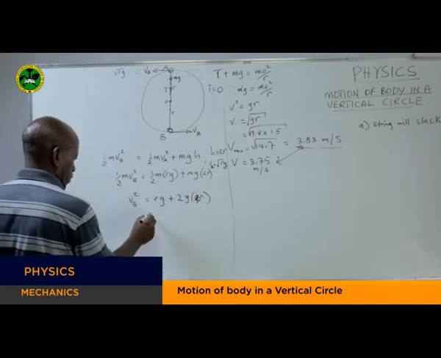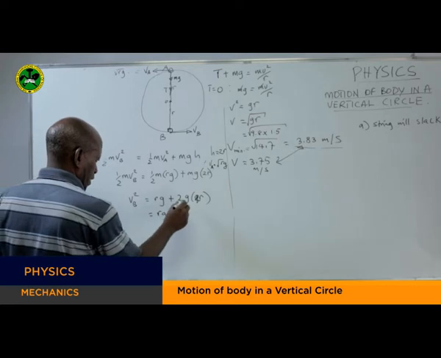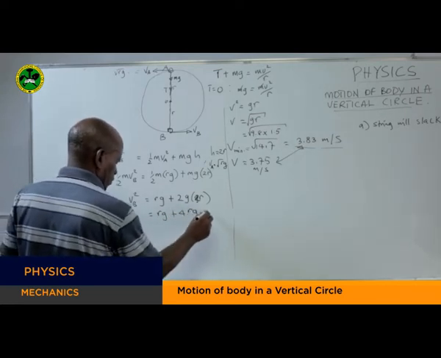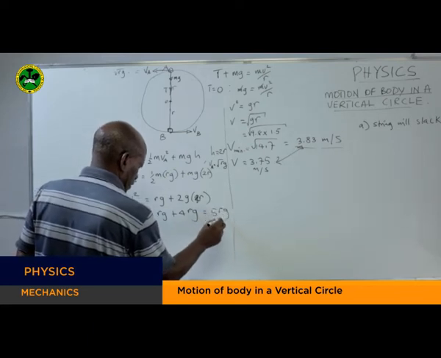Written in a good way, we have rg plus 4rg, which is equal to 5rg.